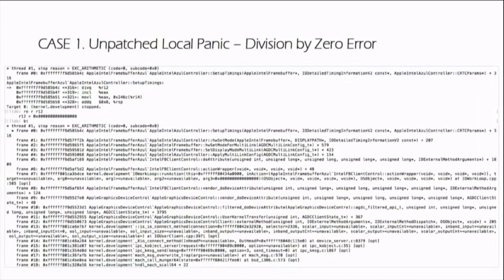The first one is an unpatched local panic caused by a division by zero error. But be aware that the root cause behind this error is an out-of-bounds read access to the input buffer. It's a division by zero. Register R12 is 0.